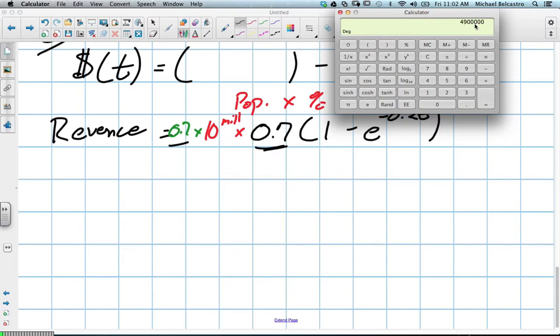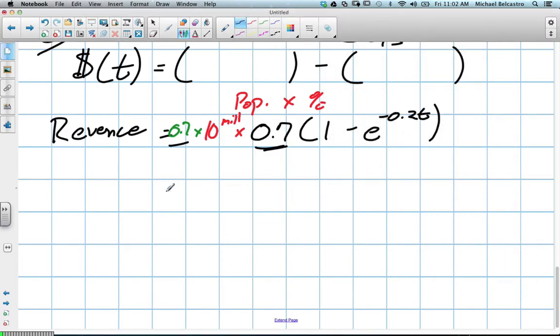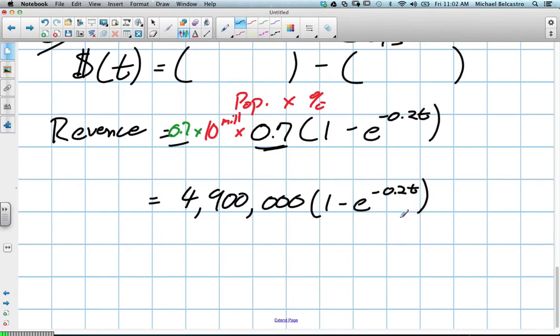What is that value? 4,900,000. So our revenue function is 4,900,000 times our percentage in terms of t. This is our revenue function. That's only the revenue. We still have to get a cost function.